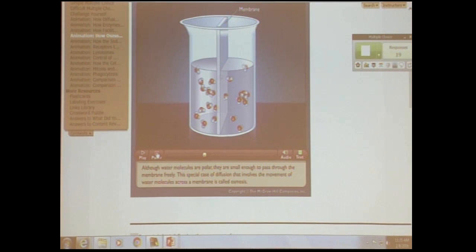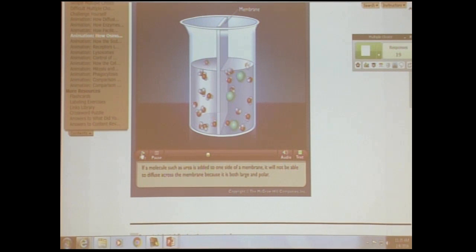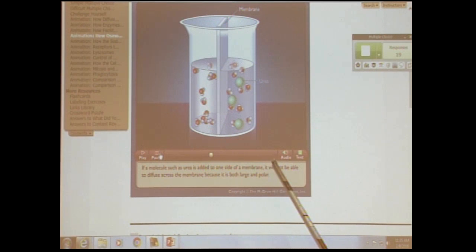One side could be inside the cell, one could be outside, like the solution it's floating in. So right now they're equal, right? Now if you add in some kind of solute, which is this green one, take a look at what happens.